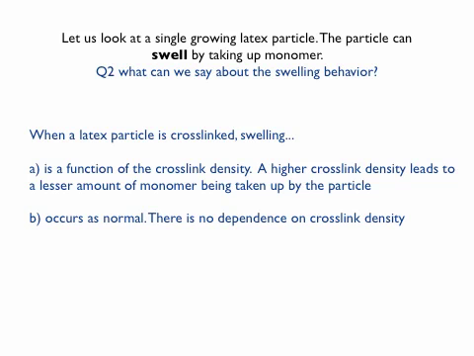If you only have a few cross-linking points, you can expand way larger than if you have lots and lots of cross-linking points, because you can't expand very much. And as a result of that, because your volume can't go up, you can't take up as much monomer as you would like to. So it restricts the amount you would like to take up. So A was the correct answer in this particular case.